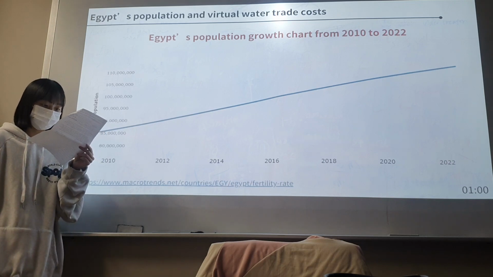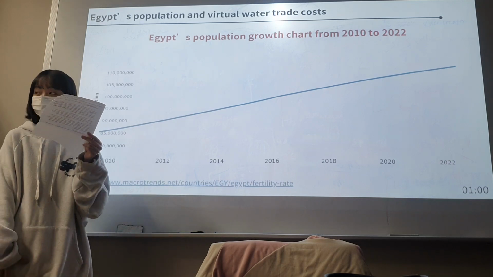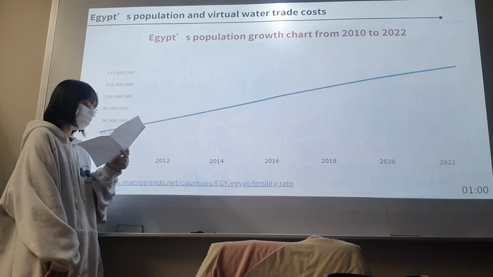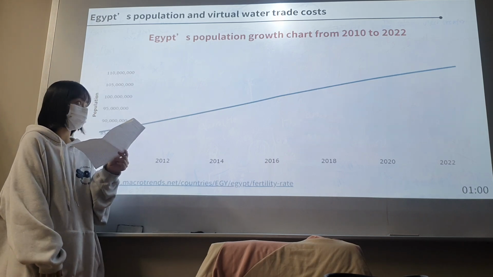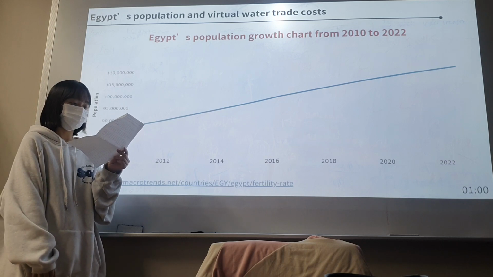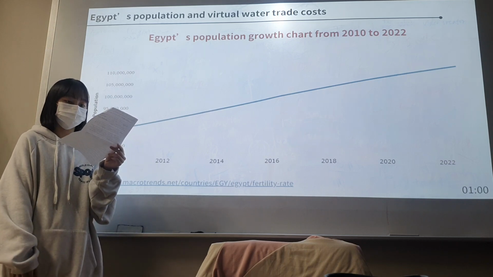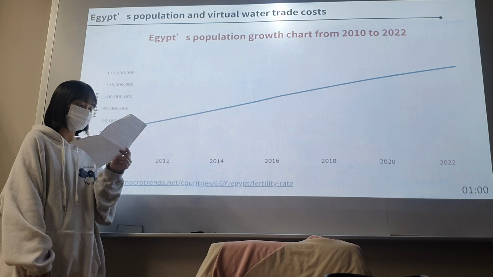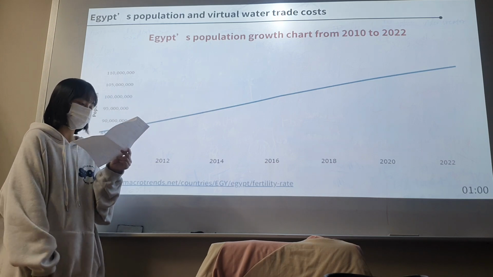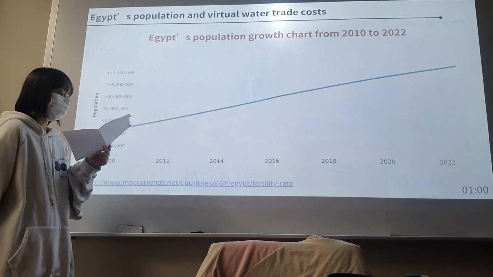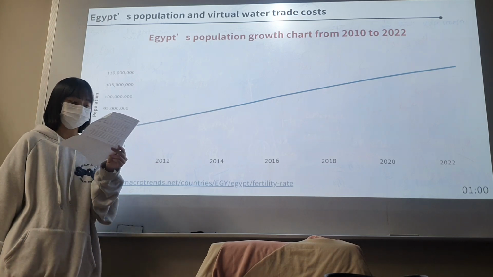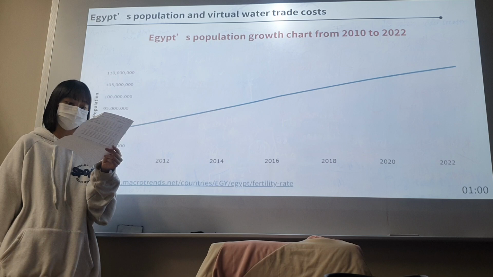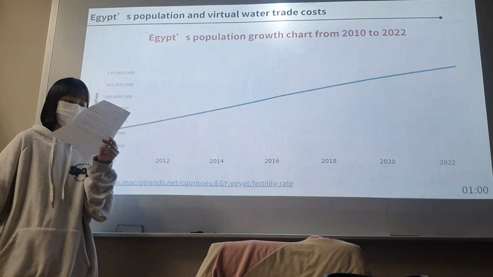The combination of agriculture and population growth leads to a yearly rise in Egypt's water demand. However, due to Egypt's climatic conditions, water supply falls short. This prompts Egypt to engage in virtual water trade to enhance water resource utilization.